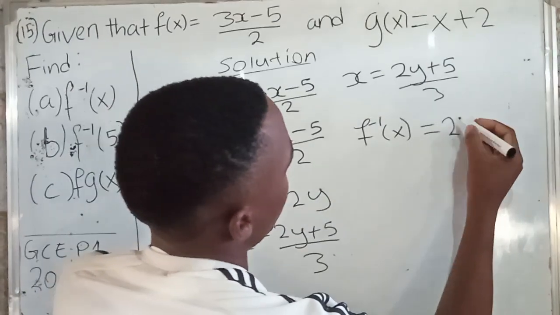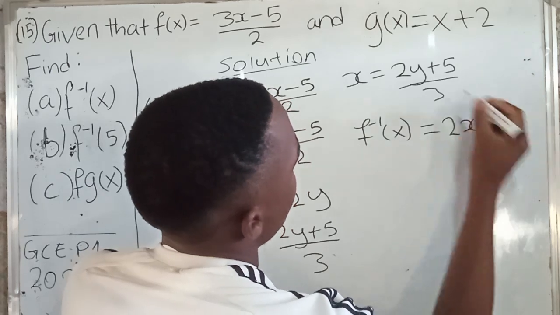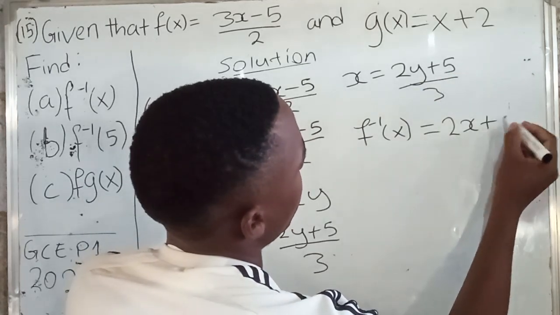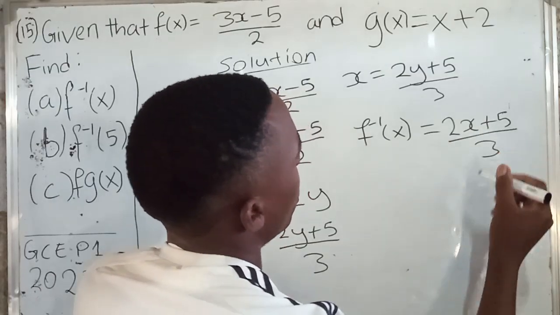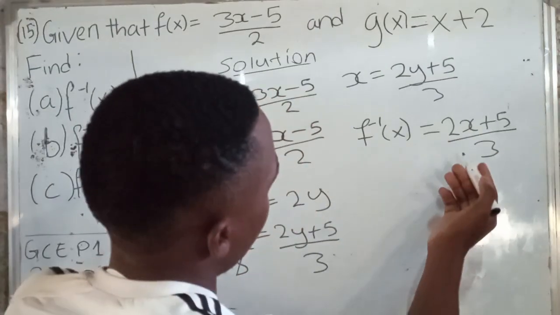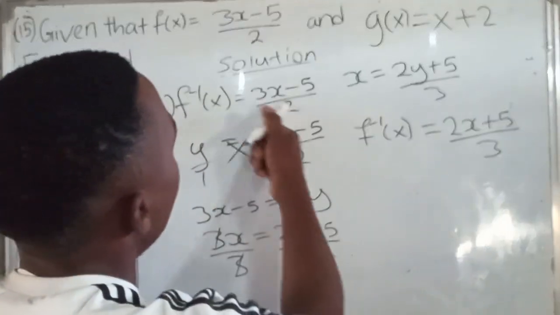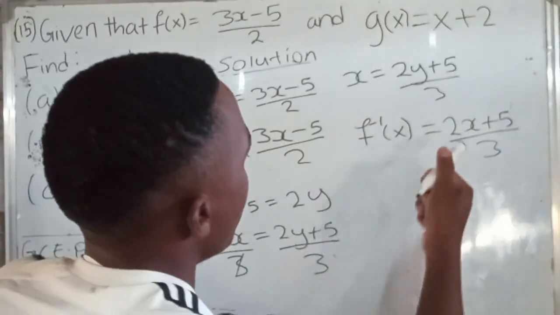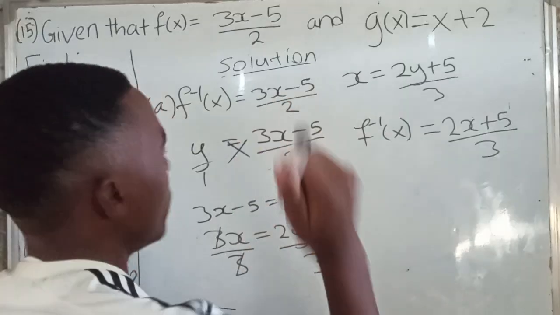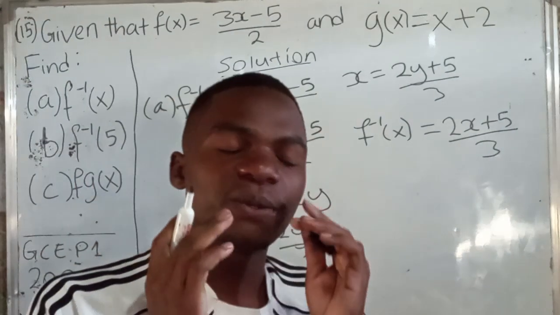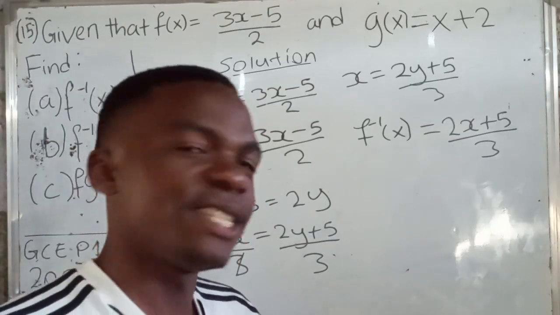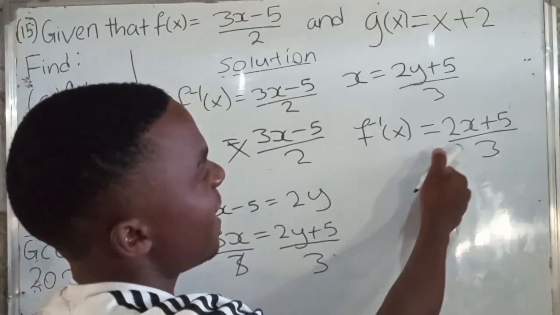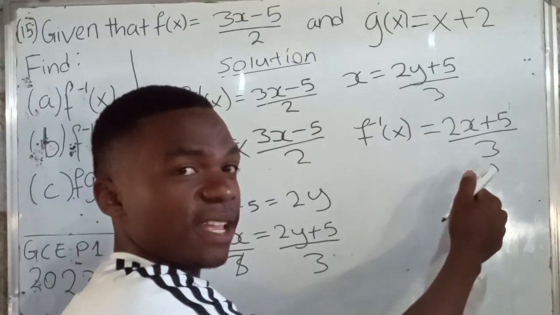So we are going to say (2x + 5)/3. So this is the inverse function of this function, or this is the opposite of this function. So if you want to see if you have found the correct answer, what you can do is just find the inverse function of this answer.